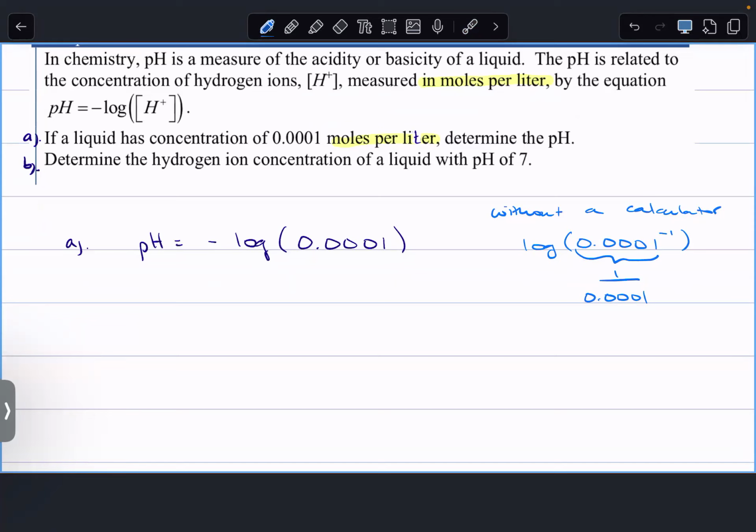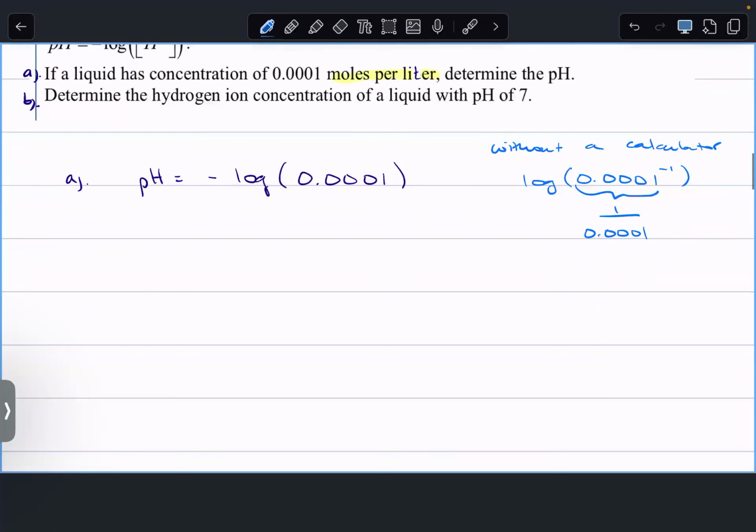Too early to tell, as in too early in the morning. 1 divided by 0.0001 is 10,000. Yep, too early in the morning. It was a good effort though.